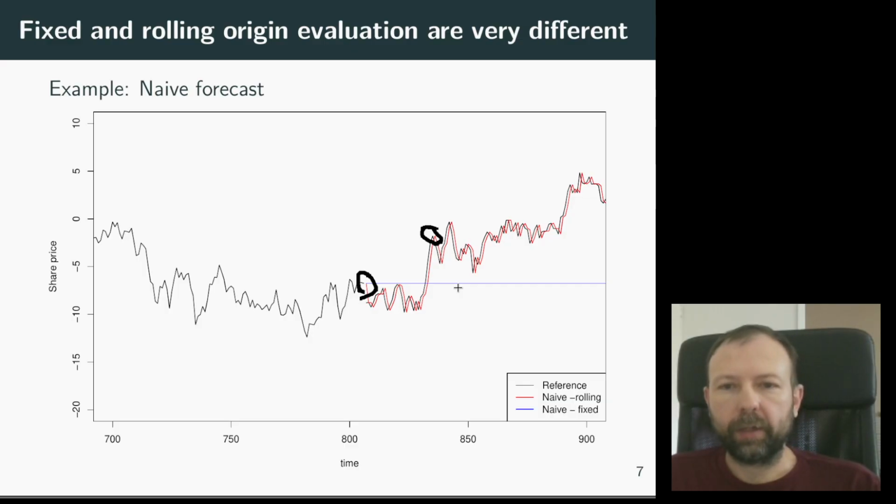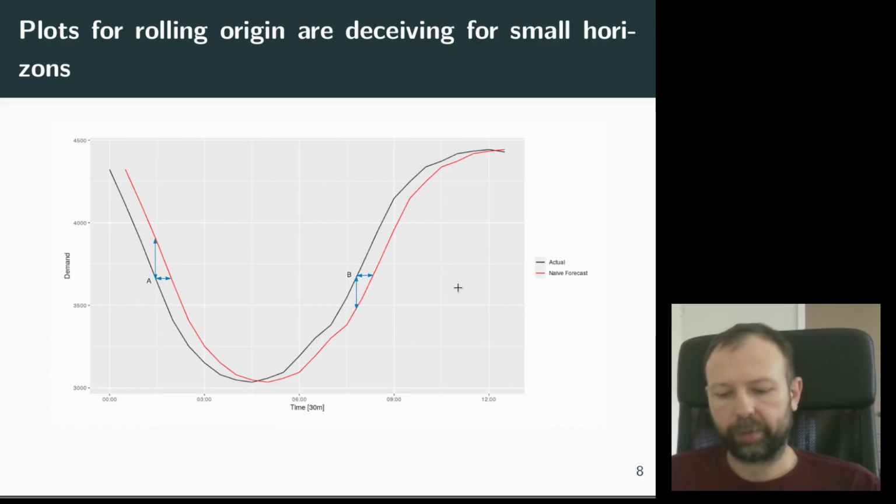And what that means is that in these plots, it's actually really difficult to figure out if a method is good. The first thing is that I find these plots always quite deceiving, because you see the error is obviously calculated this way.